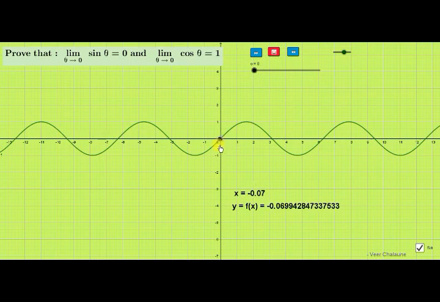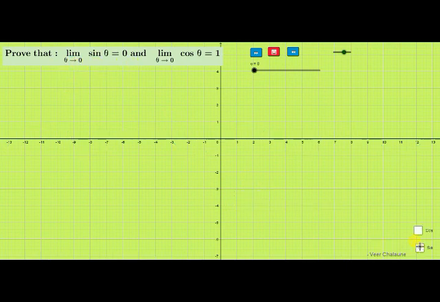Look at here, small to small, this is nearest to 0. So the limit as x tends to 0, or theta tends to 0, gives us the value 0.